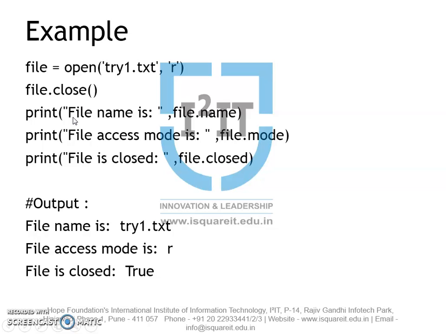As we have already closed it, file.closed will return true. So these are the attributes: name, mode, and whether it is closed or open.